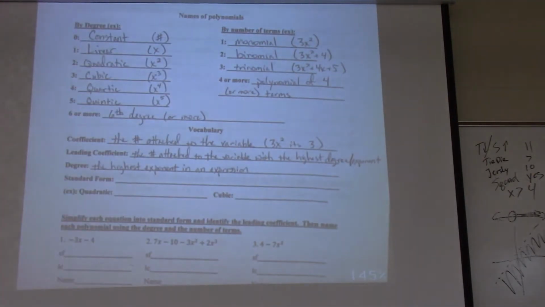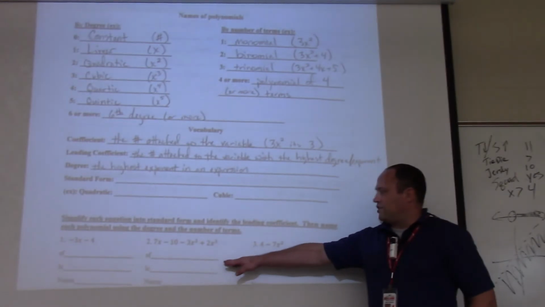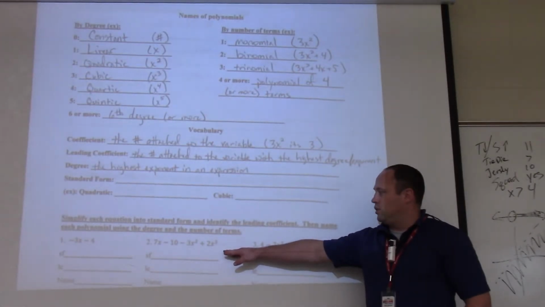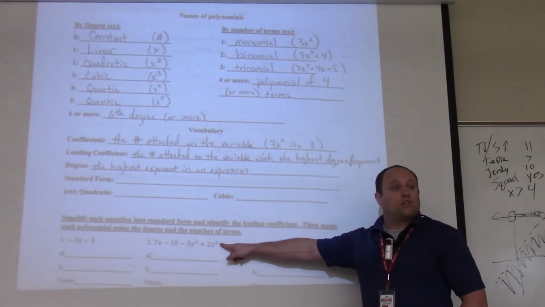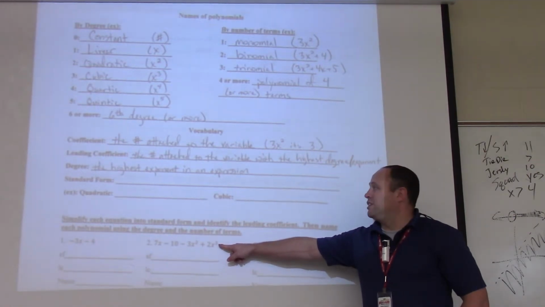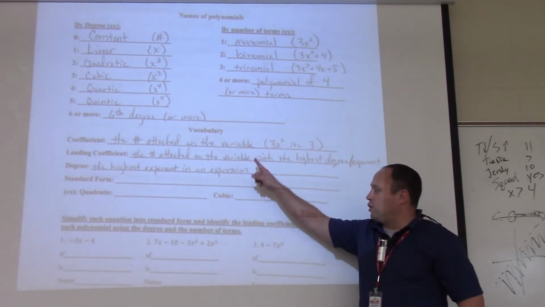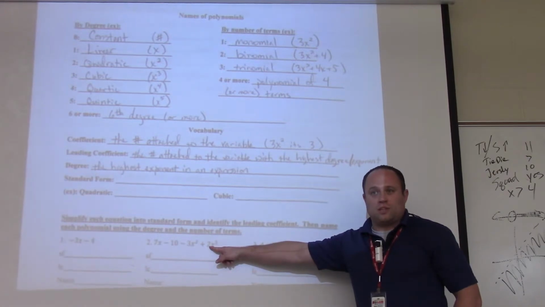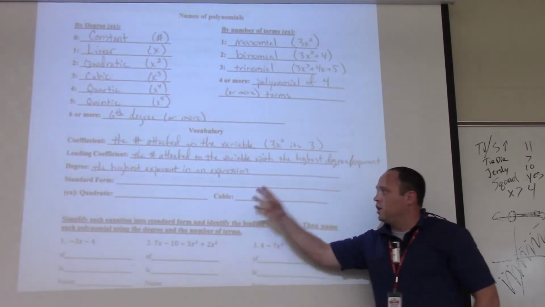Okay, so it is the number attached to the variable with the highest exponent, or degree. Which kind of leads us to degree, but we already defined that anyway. It's the highest exponent in an expression. So when you look at, say, number 2, what's the highest exponent in number 2? What's the highest exponent here in this problem? 2x. Right, the 3, right? So this tells me what the leading coefficient is, that 2 that's attached. Okay. Let's keep going here.